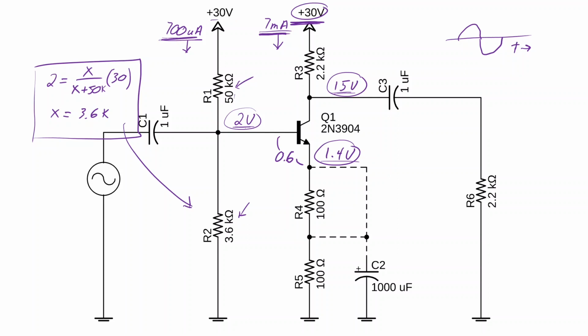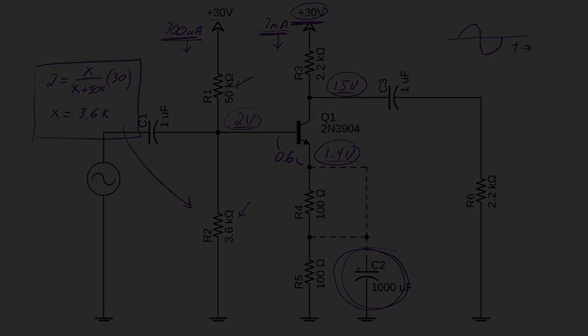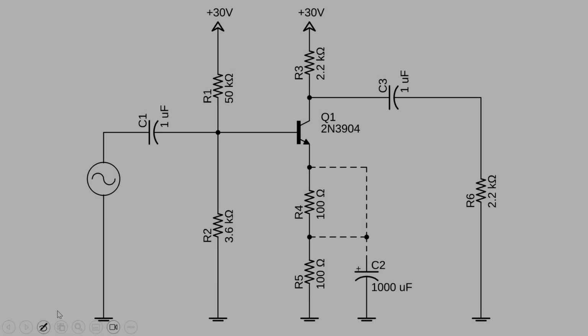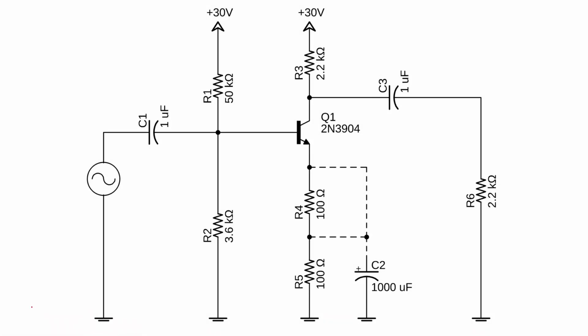The only thing that remains are the gain calculations and the inclusion of this capacitor here. As far as gain calculations are concerned, we'll explore the case with no capacitor C2 in circuit. We'll also explore the case when the capacitor is connected up to the junction of R4 and R5.